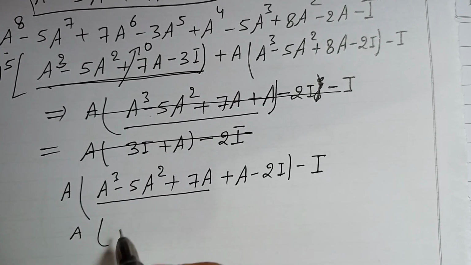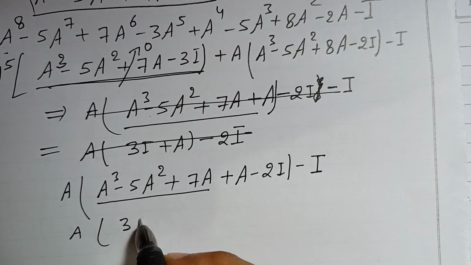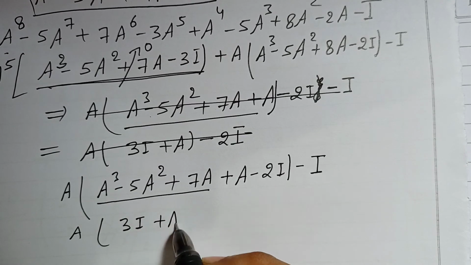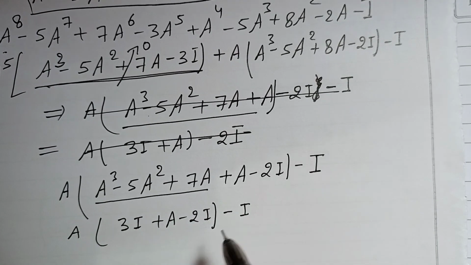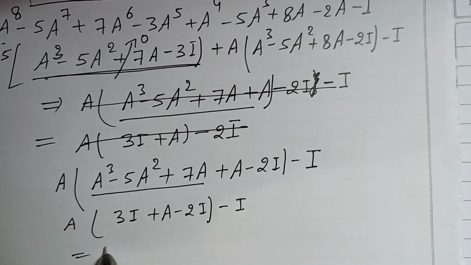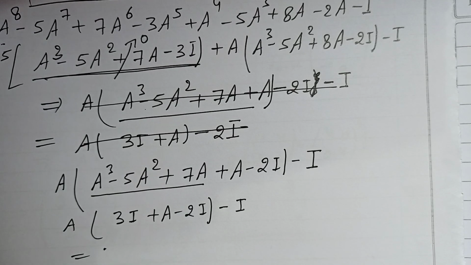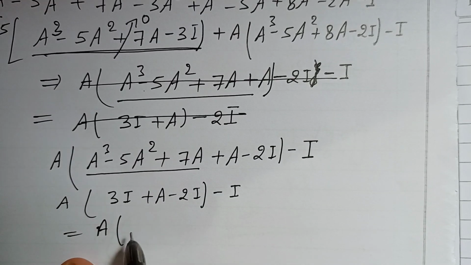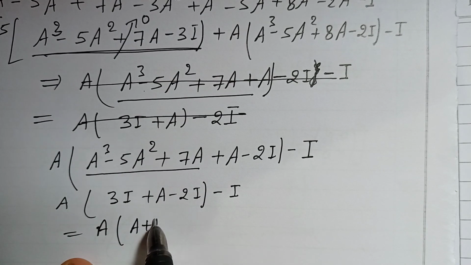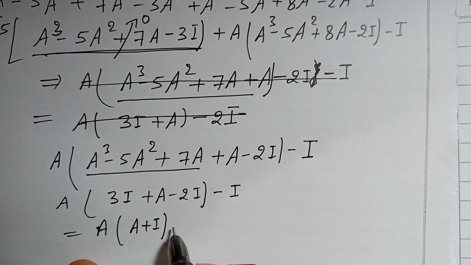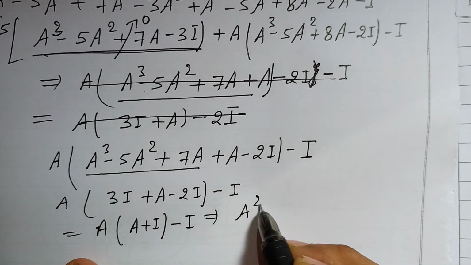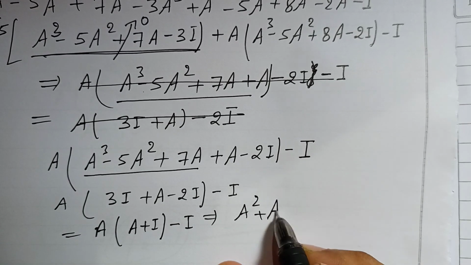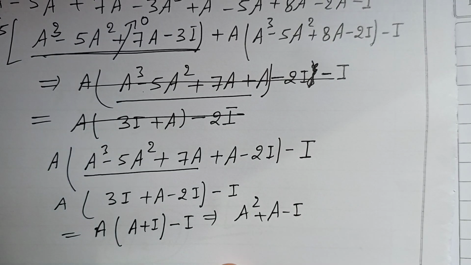So A times (3I plus A minus 2I) minus I. So finally the answer will be A times (A plus I) minus I, which is equal to A square plus A minus I.